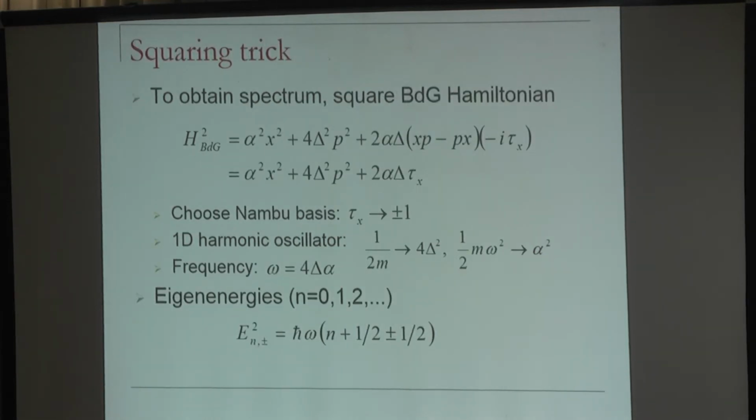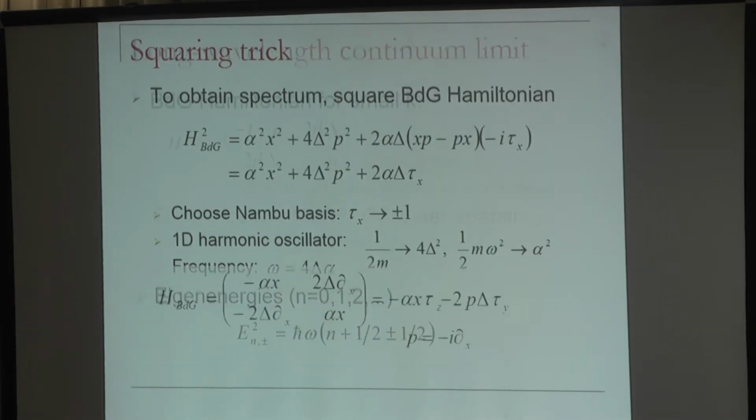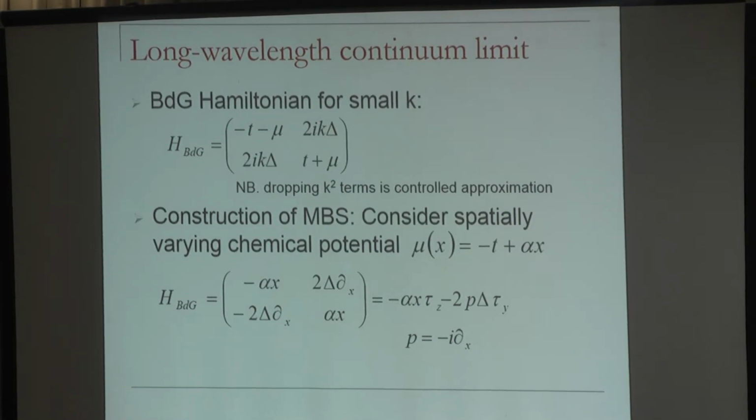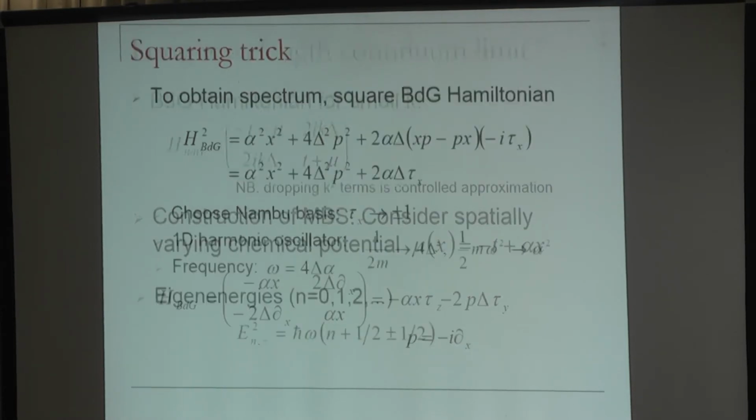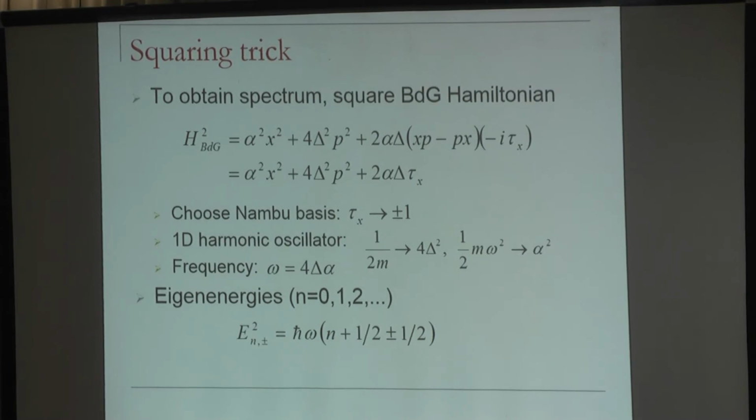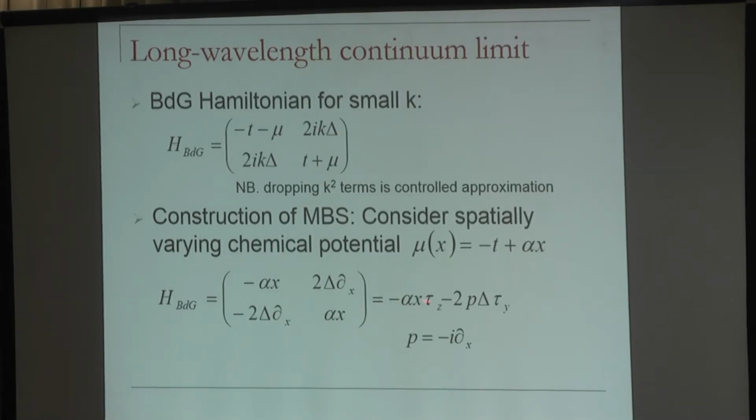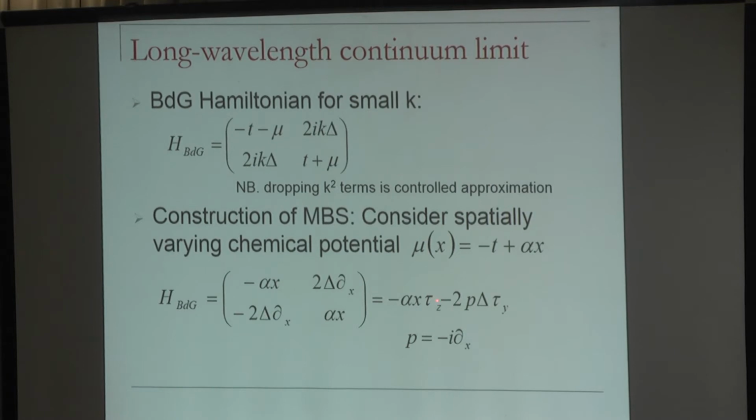Now, there is a nice trick which I want to tell you. To obtain the spectrum of such a Hamiltonian, one simply squares it. So let's first write this Hamiltonian in terms of Pauli matrices. Tau z is 1, minus 1, so we have here minus alpha x times tau z. That covers these two.